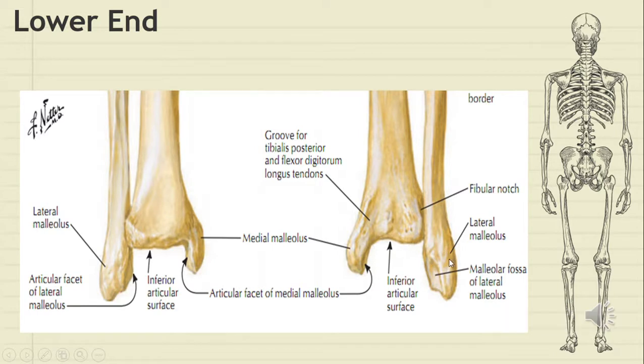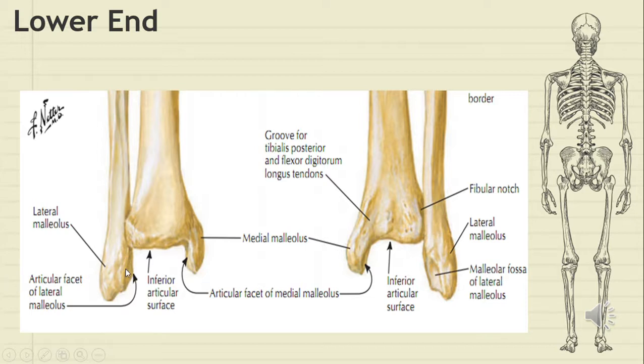The lower end of fibula is the elongated structure which is completely palpable and is wholly known as lateral malleolus. It extends lower and more posteriorly as compared to medial malleolus. Here you can see that it is 0.5 to 1 centimeter lower than medial malleolus, and posteriorly it extends 1 to 1.5 centimeter.